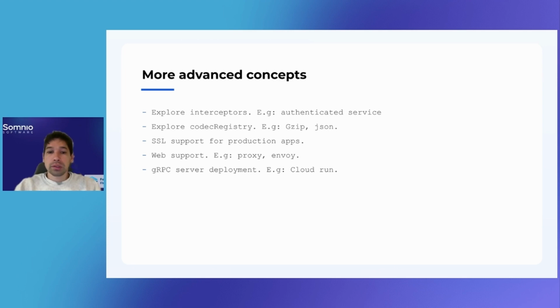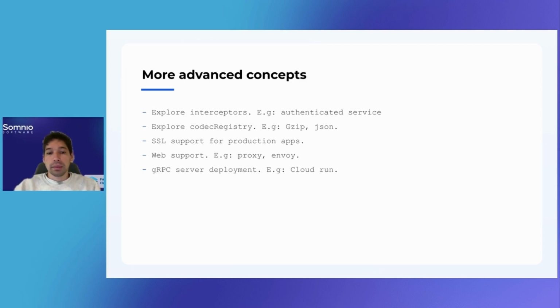Also, there are different ways to encode information, so codec registry will be the way to explore that. We also mentioned the SSL support for production apps, and gRPC actually has more support for mobile and desktop. In this case, web support is possible, but you need to make some tweaks, for example, using a proxy or Envoy.